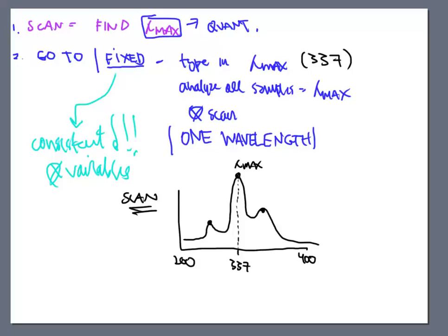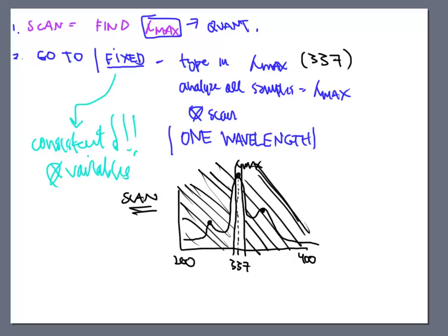And what happens is that it completely ignores everything else in the spectrum. It just pretends like all of that mess is not even there. That's it. And it only looks for this one number, and that's all that it does. And this is my fixed application.